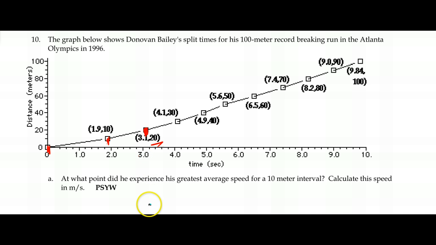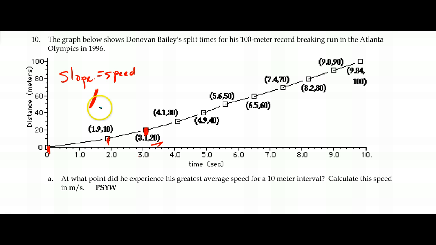So we're looking for during what interval he had his greatest average speed, and then we want to calculate that. Now, what you visually want to look for to speed this up a little bit: on a graph of distance versus time, the slope is equal to the speed. So the biggest speed is going to have the steepest, most upward slope.